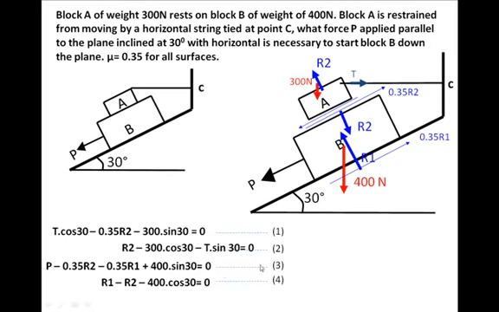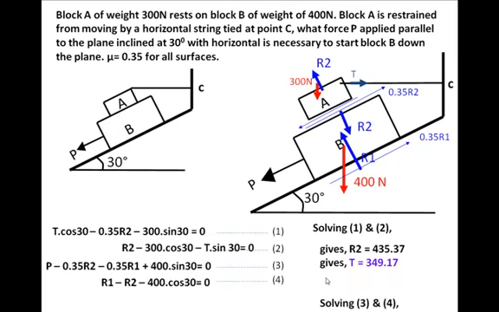Now we need to solve all this. Solving 1 and 2, which is very easy, we get R2 and T, and then using this value of R2 in 3 and 4, we can easily get the values of R1 and P, mainly P, which is of interest. The answer is 226 newtons.